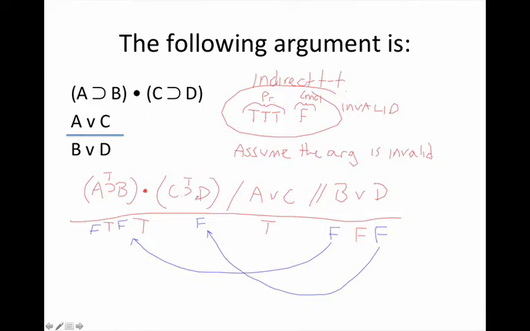And for the consequent D, which is false, we need a false antecedent for the horseshoe to be true.